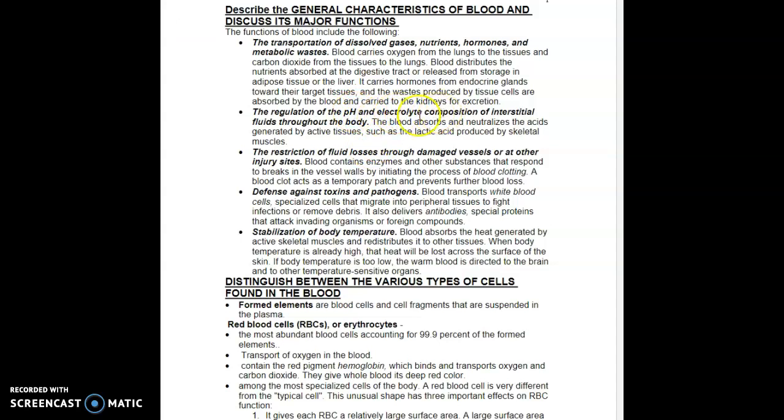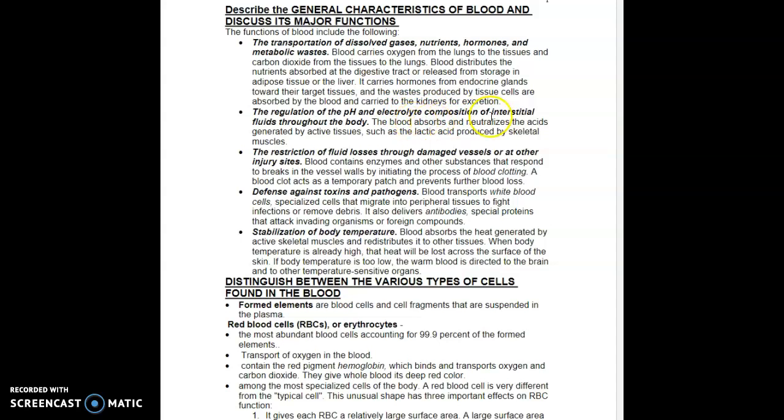All right, and then, of course, another thing, if you've had any experience, which you all should have by now, talking about physiology, then a lot of the time we're talking about how electrolytes are moving from outside of a cell into a cell. So to maintain the correct electrolyte composition, the amount of sodium, the amount of potassium, the amount of calcium, all those things that our body needs to physiologically function, our blood is going to help regulate how much of that we need.